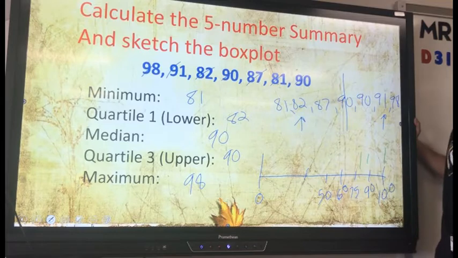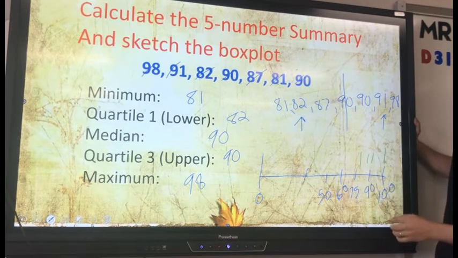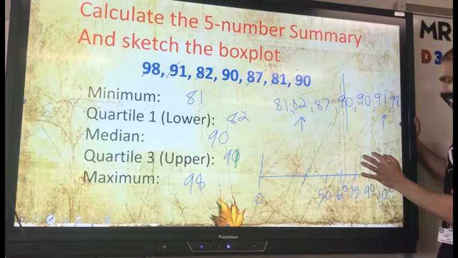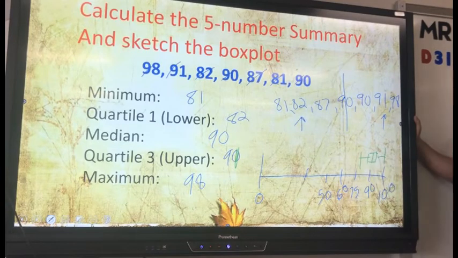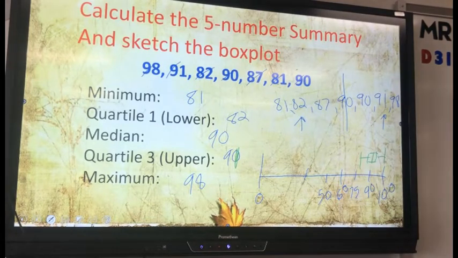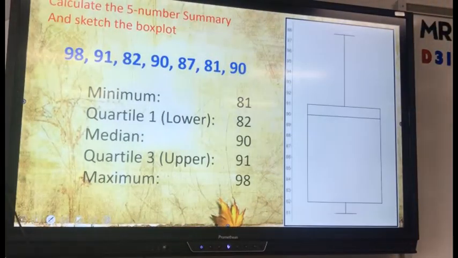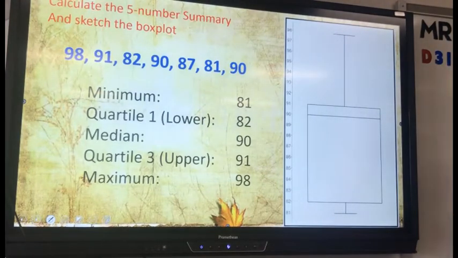I'll draw it here. My median is a 90. My upper, wait, was that a 90? That's a 91. Complete the box, draw my line, and it should look something like that. Very rough sketch. More professionally, it'll look like that. So there's our box plot.